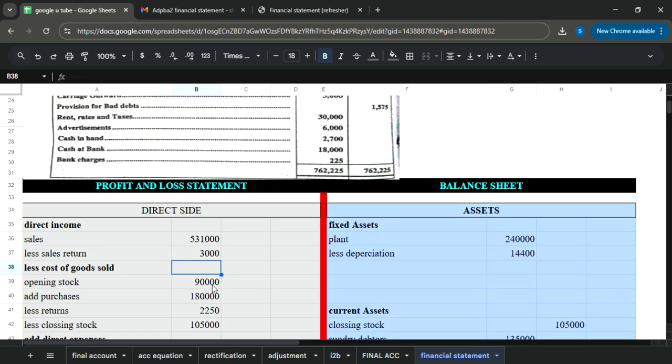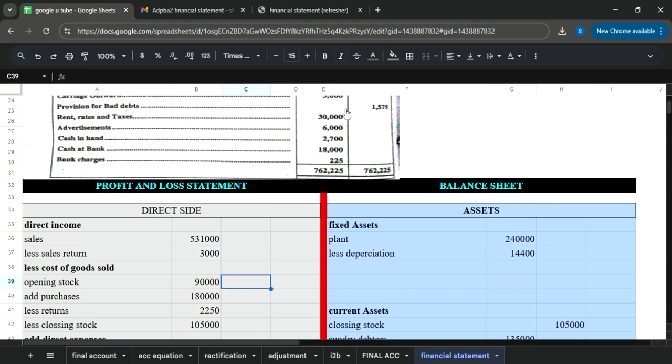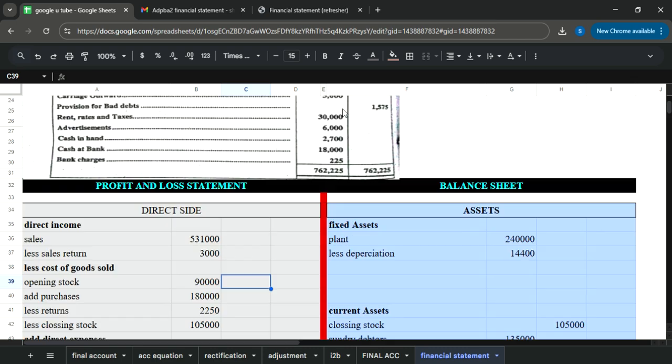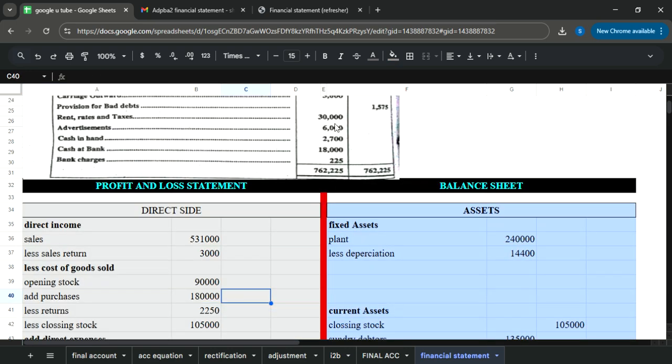After provision, we have rent. This is again operating expense or indirect expenses, rent, amount of which is 30,000. After rent, we have advertisement, again indirect expense, advertisement, amount of which is 6,000.